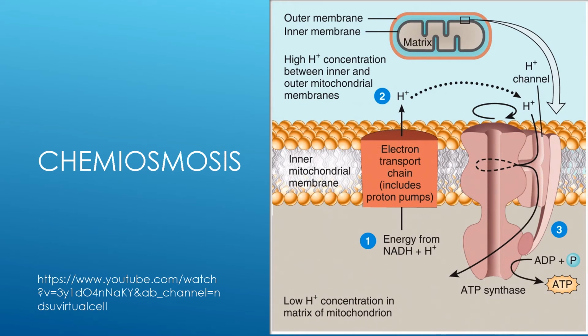So this is how chemiosmosis works. We're going to start with our little passageway here, starting at number 1. So energy from NADH and hydrogen ions is going to pass along the electron transport chain here, and it's used to pump hydrogen ions from the matrix of the mitochondria into the space between the inner and outer mitochondrial membranes.